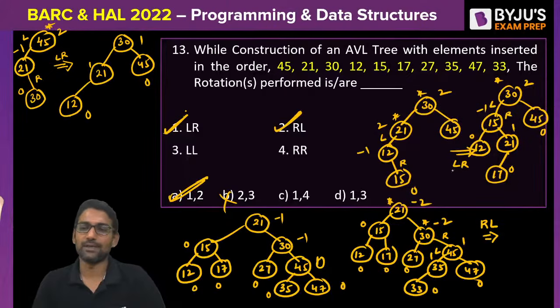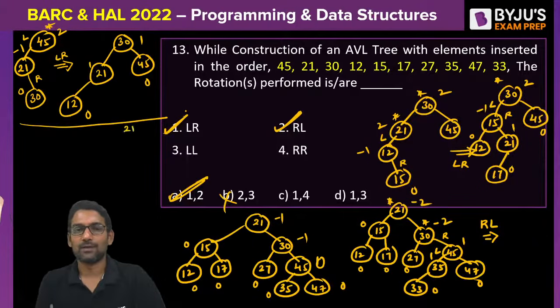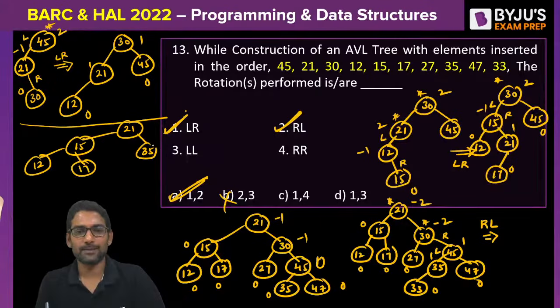So when you do RL rotation, here let me write, after the result I am writing 21, 15, 12, 17. 35 would be parent. 30's right would be 30's right, no change.